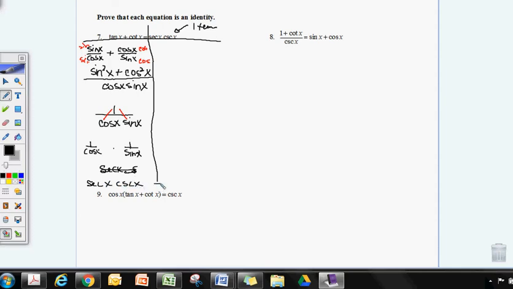I put in my t, and I would distribute first, just because I think it's easier to distribute before I make things into fractions. So I got a cosine times a tangent plus a cosine times a cotangent. Cosine going to stay the same.